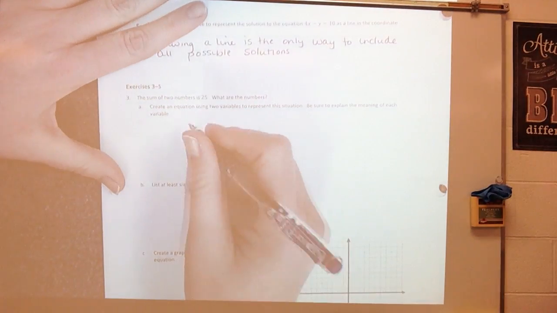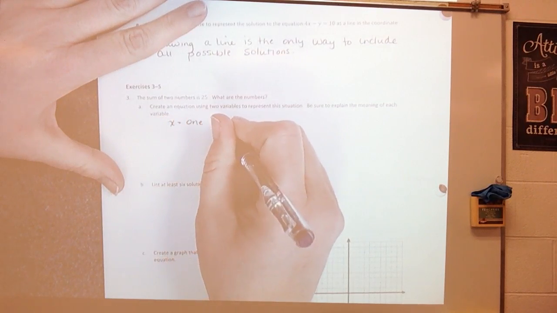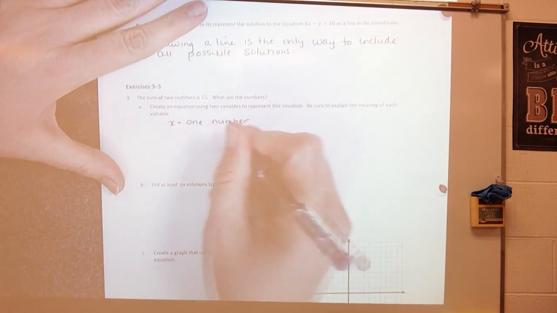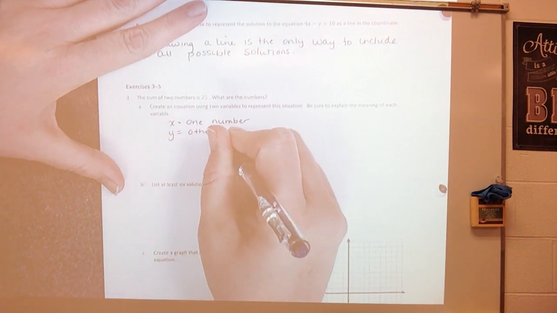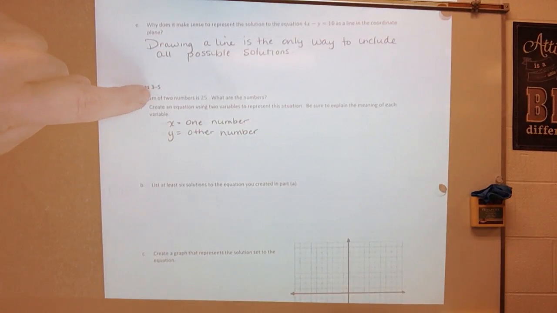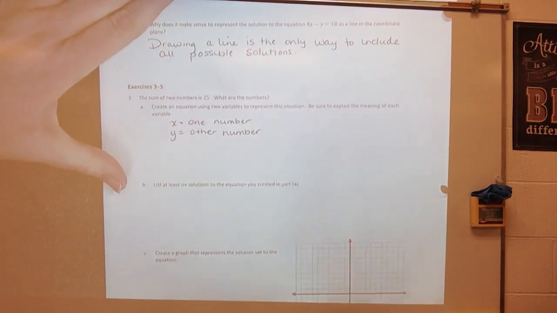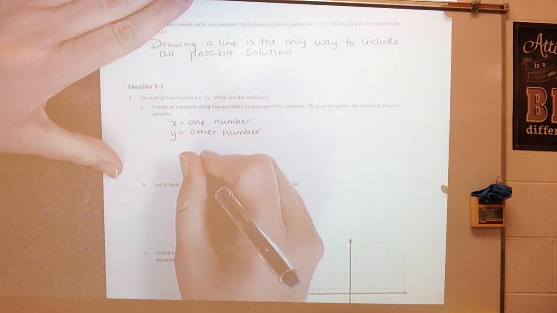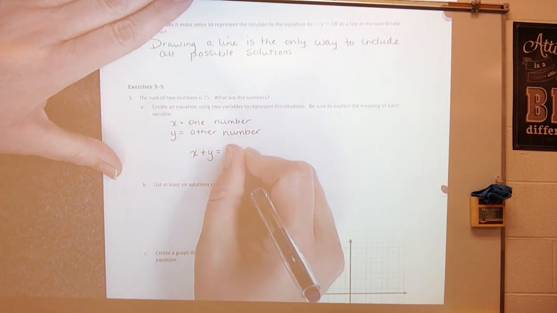So I'm going to let x be one number and y be the other number. It says the sum. Sum means to add. So the sum of x plus y would be 25.